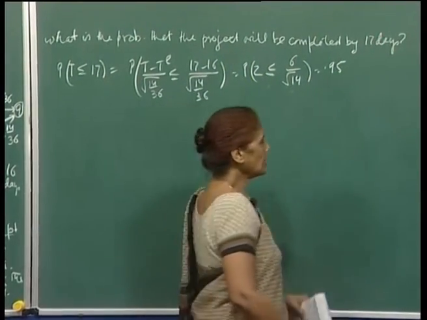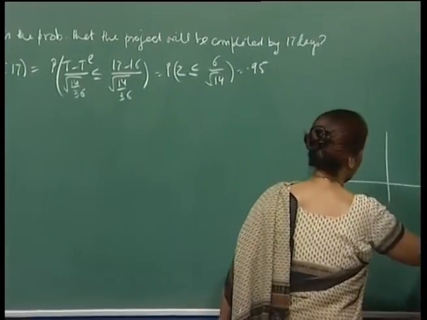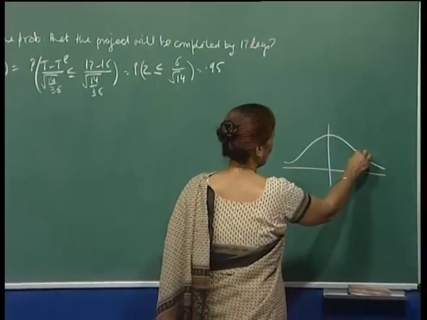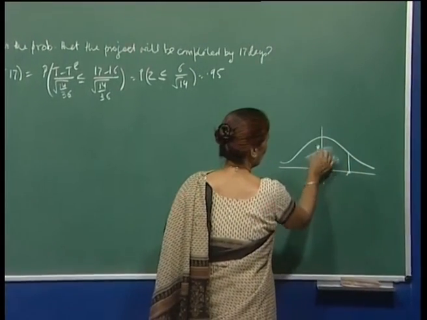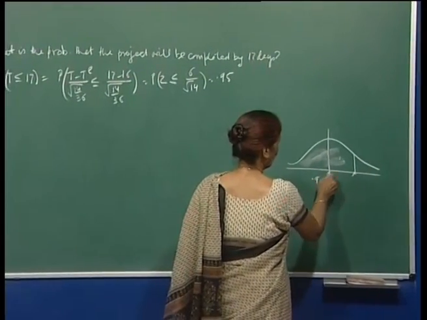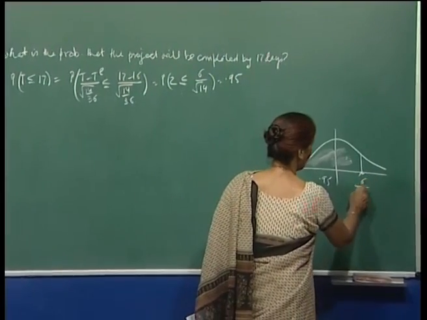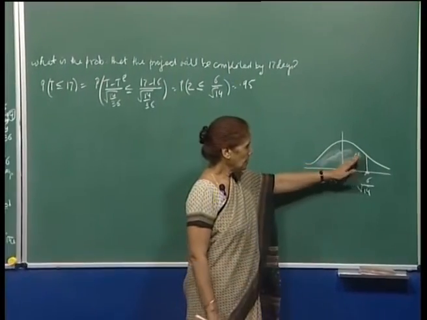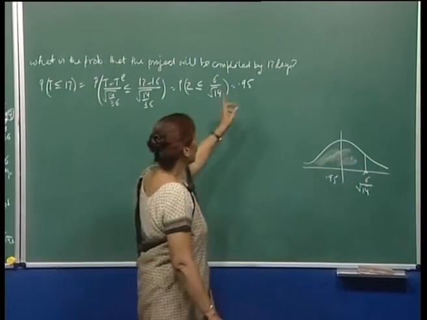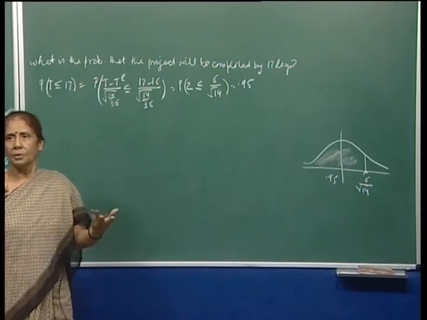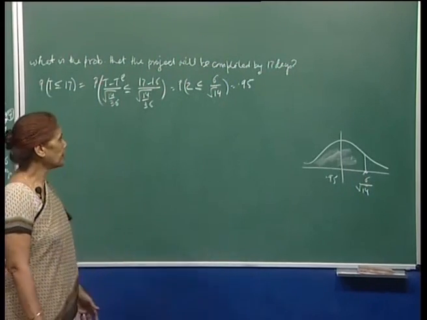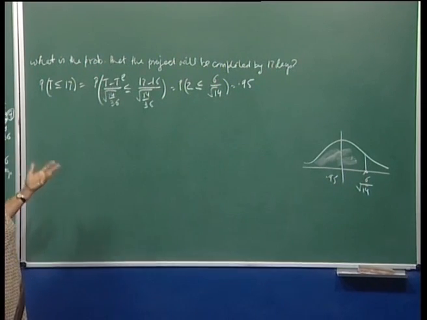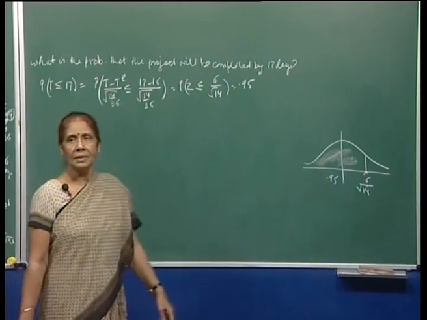That means this number may be somewhere here, and this is the area which is equal to 0.95. If this number is 6 upon root 14, the tables give you the area under the curve up to a certain point. So, that is 0.95, which is a good probability, and therefore the management can say with confidence that there is a probability of 0.95 that the project will get completed by 17 days.